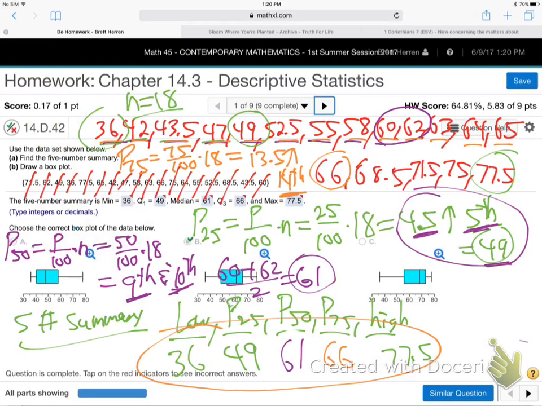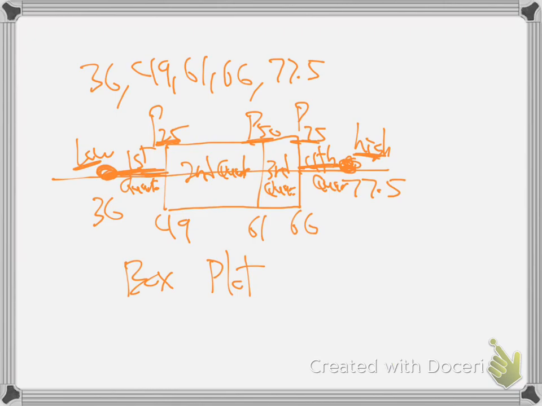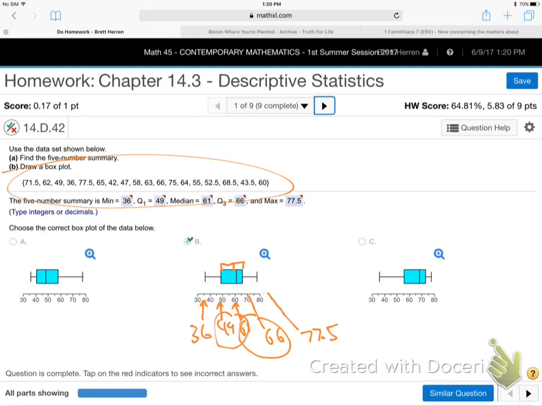Between 49 and 61 is that many, the same amount as there are between 61 and 66. See, in both cases, there's, what is that? 1, 2, 3, 4, 5 data values? Yep, 5 data values in each section. See, that's what we're saying. We're saying how many people scored in those zones. Same amount of people scored in those zones. That's what the box plot tells you. All right, I beat that drum.